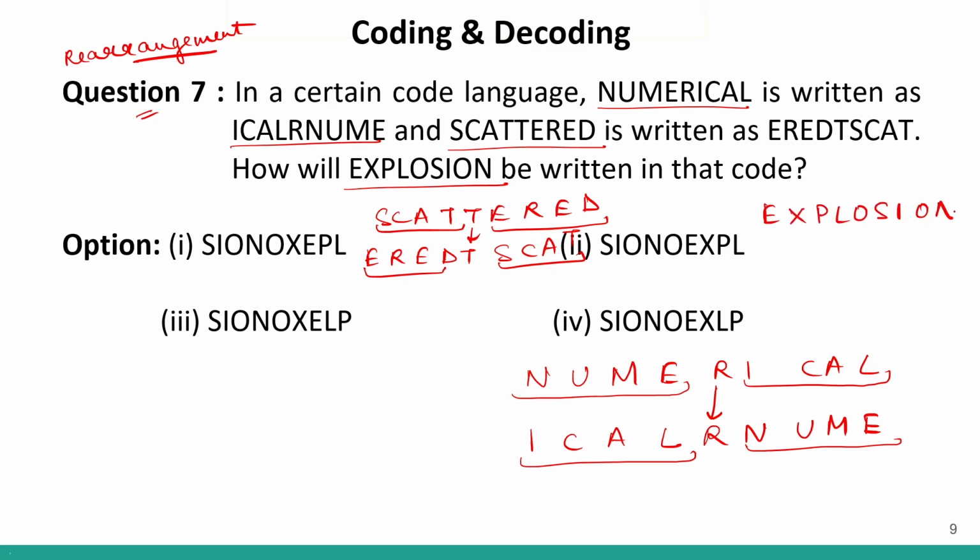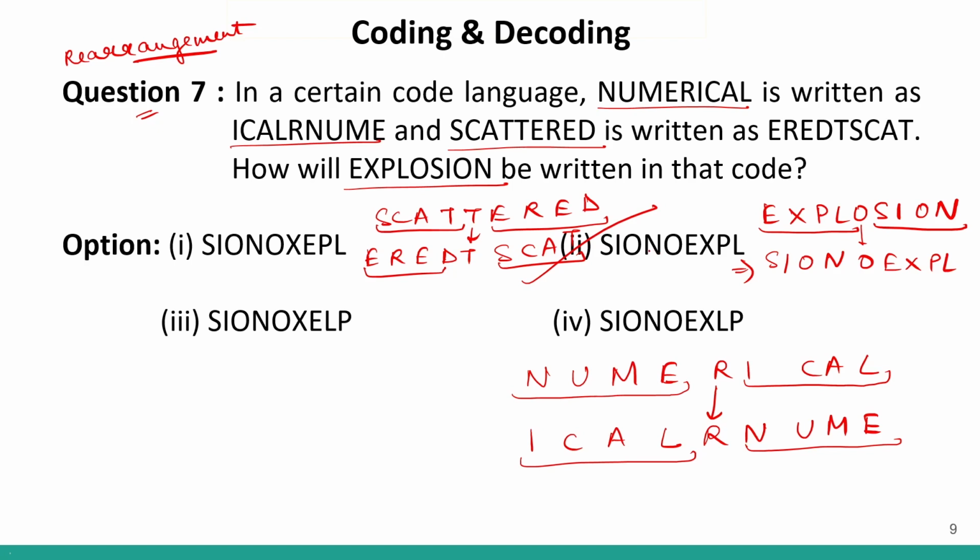For explosion, the middle letter is O, so it will not change position. The last 4 letters which are SION will be written here, and the first 4 letters which are EXPL will be written over here. So the code will be SIONOEXPL, which is given in option number 2. So option number 2 will be the answer to this question.